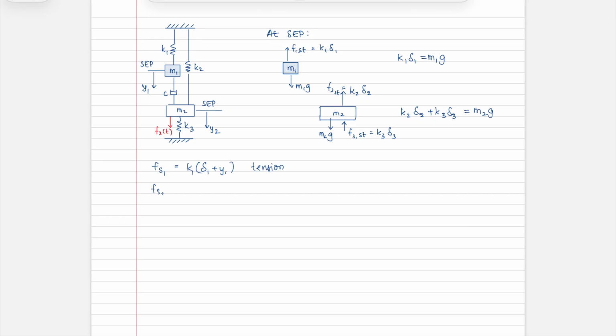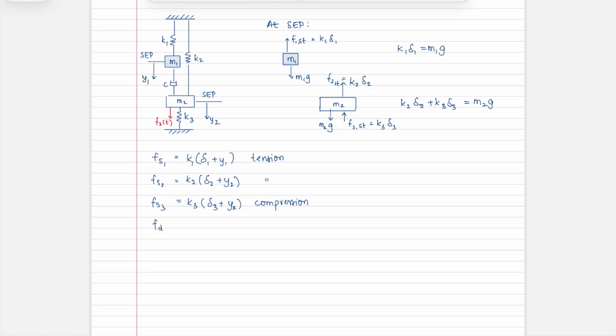And you have Fs2 as K2 times delta 2 plus y2, again in tension, and Fs3 with K3 times delta 3 plus y2, except now this is in compression.